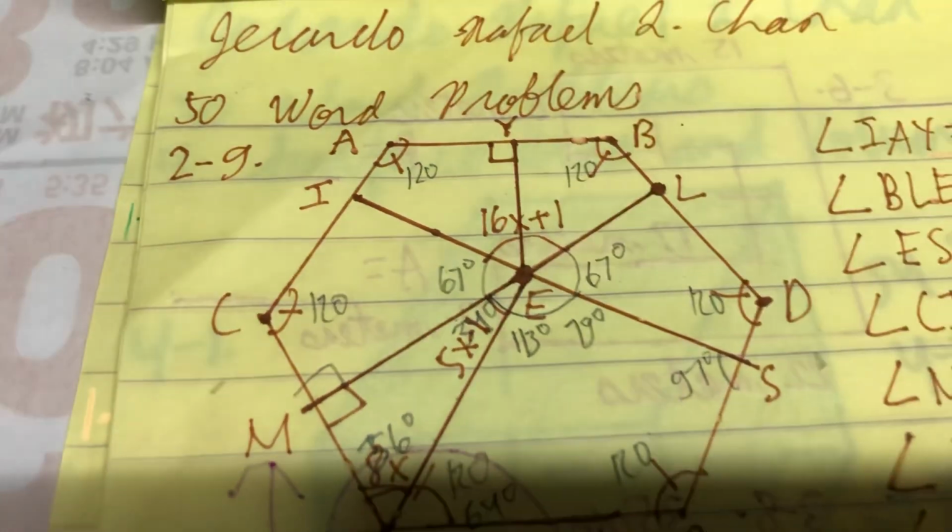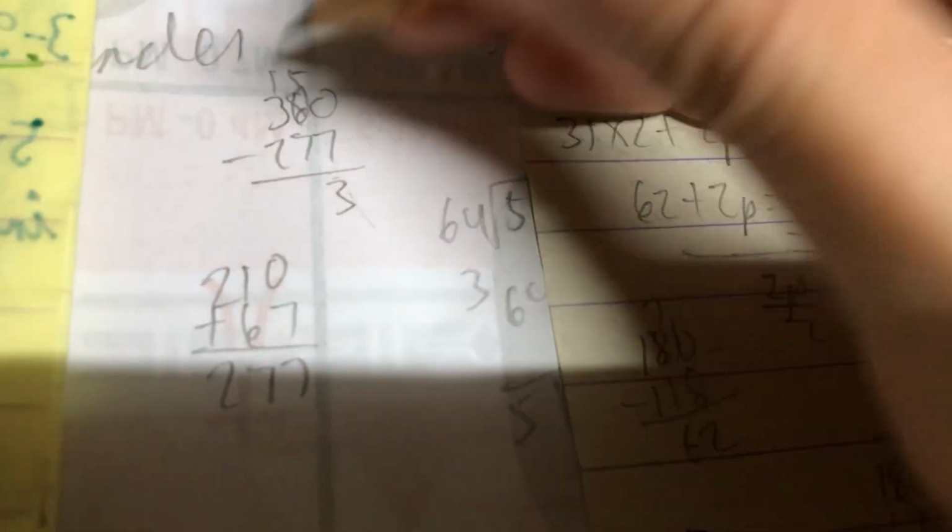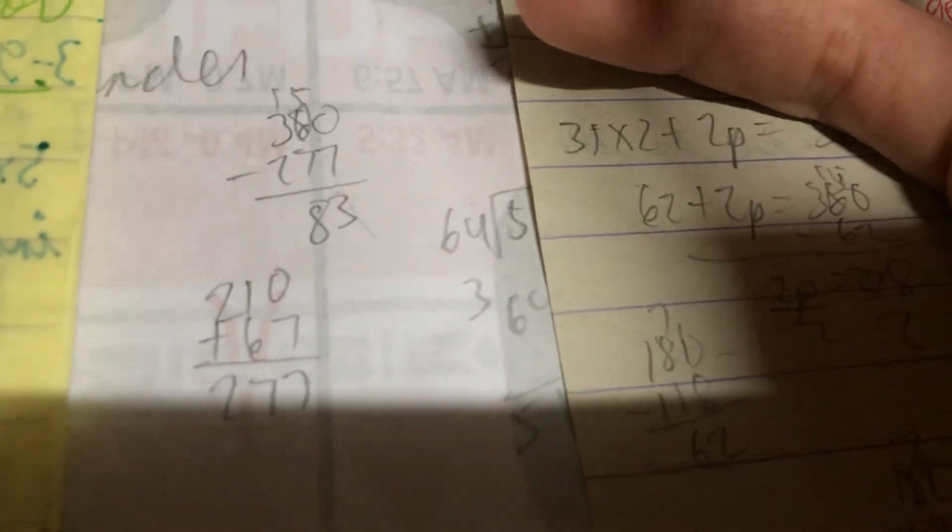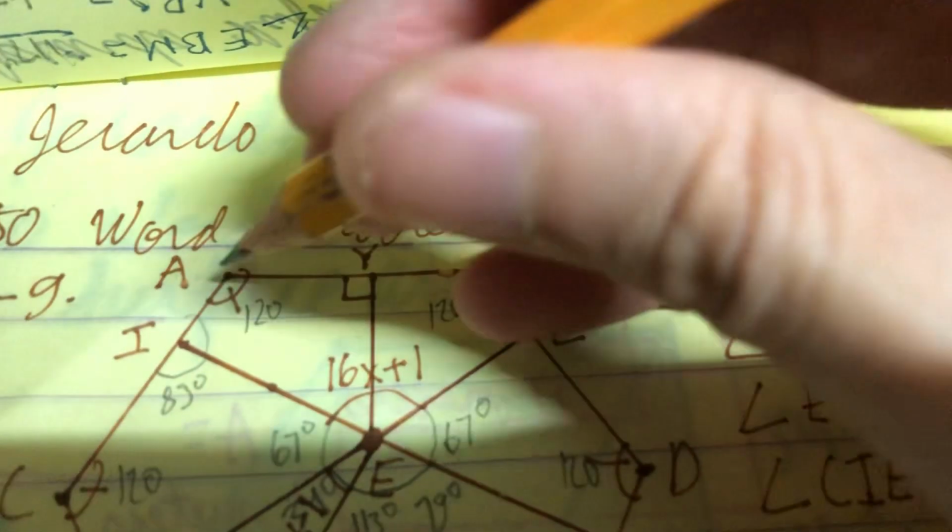This becomes 210. 210 plus 67 equals 277. 360 minus 277. Of course, you'll still apply the quadrilateral formula, right? Yes, the remnant angle must measure 83 degrees. So, 83 degrees too. Then, apply the supplementary angle pair.